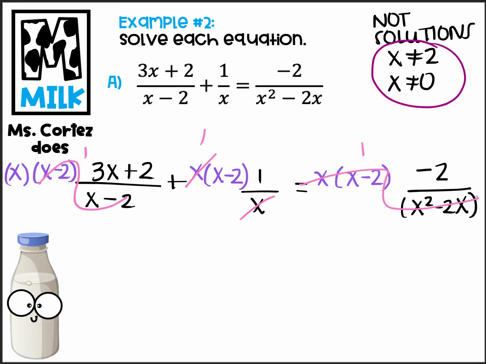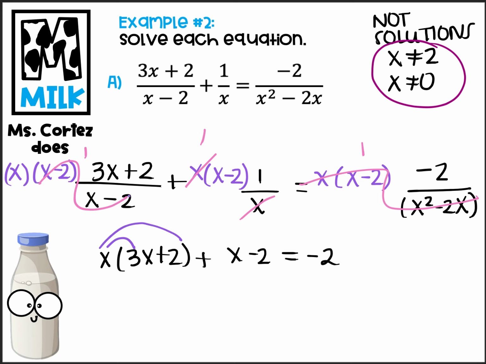I end up with x times (3x + 2) plus (x - 2) times 1, which is x - 2, equals -2. From here, I'm going to distribute x times 3x and x times 2.